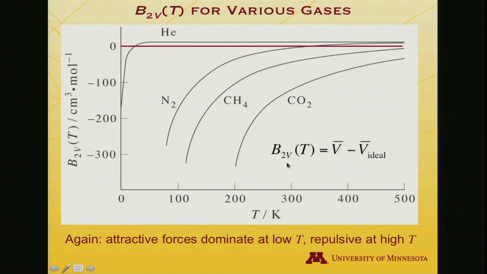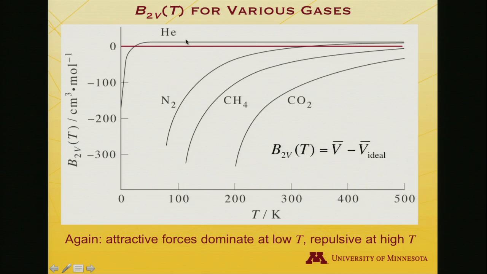And remember that the physical interpretation of B2V is the deviation of the real volume from the ideal gas volume. So here, this line tracking across the data at 0, that would be if the observed volume was indeed the ideal gas volume, right? And in that case, B2V would be 0.